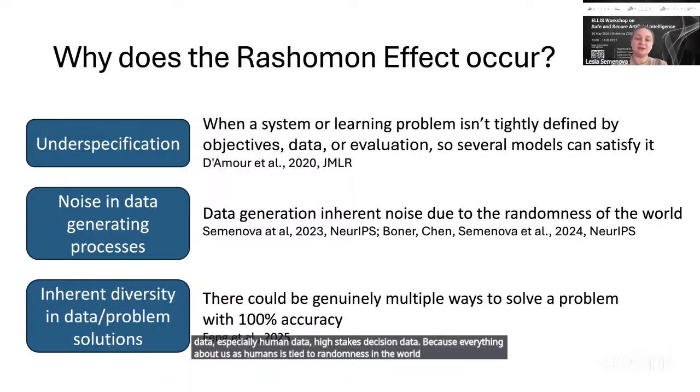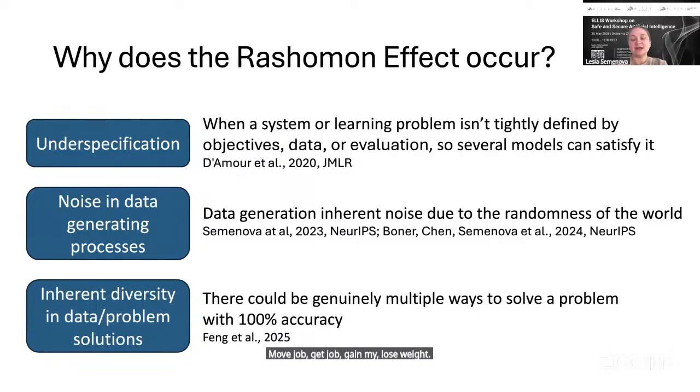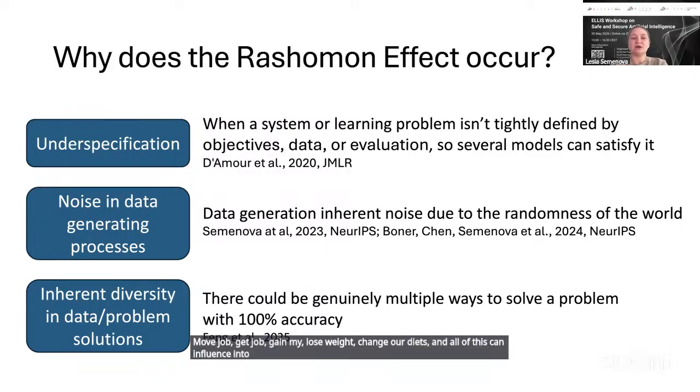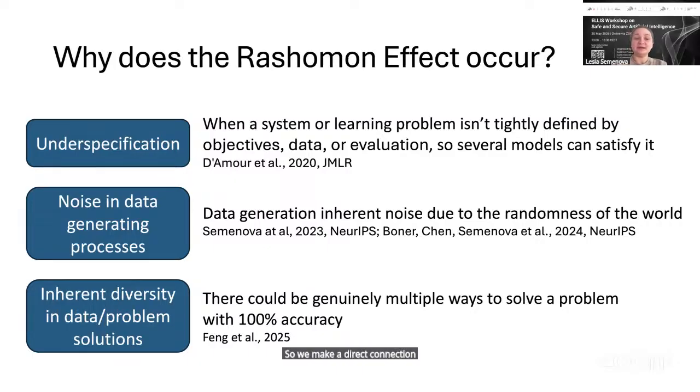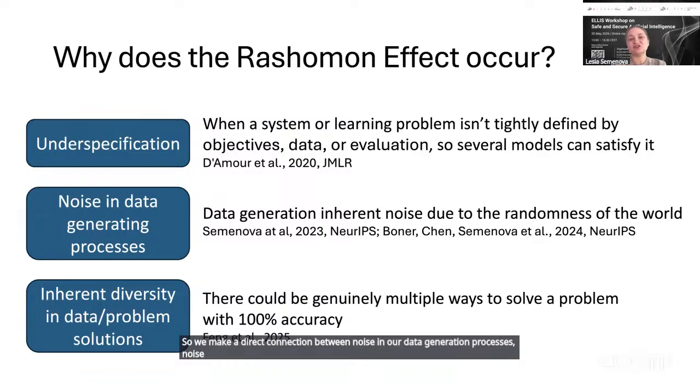Things can change, we can lose a job, get a job, gain weight, lose weight, change our diets, and all of this can influence how predictions about us are being made. So we make a direct connection between noise in our data generation processes, noise in high-stakes decision domains, to the simplicity of the models and to the existence of the Rashomon effect.